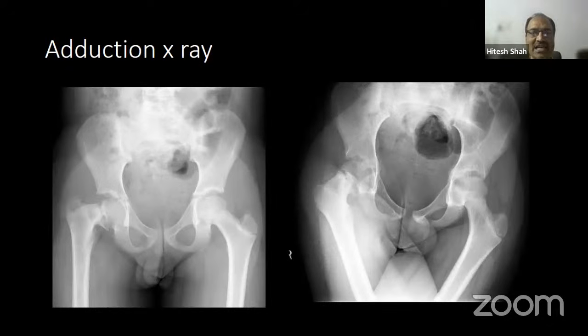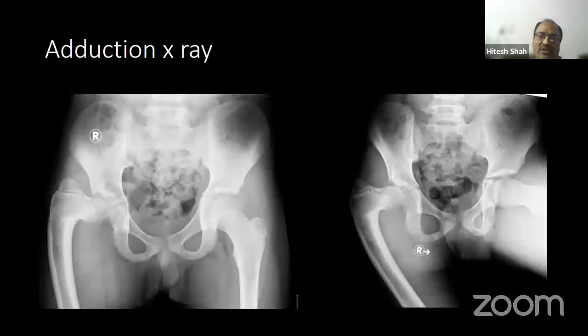That is the reason the adduction X-ray is useful. Second, the adduction X-ray is useful to understand how much deformity correction is needed when we do the surgery. That is the reason the adduction X-ray is always needed when you do an abduction or a valgus osteotomy.